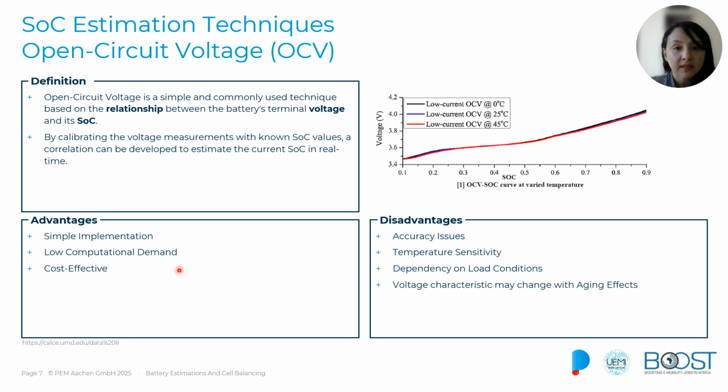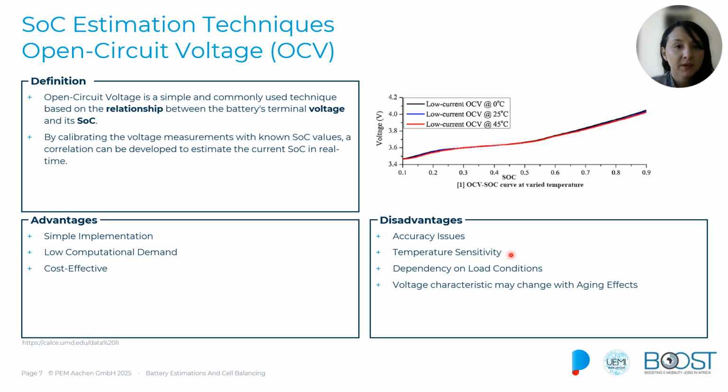This simplicity has, on the other side, some limitations and some disadvantages. One is that the voltage readings may vary with the temperature, and as the battery ages, those initial characterizations will lose precision, and this will lead to potential inaccuracies in the measurements.